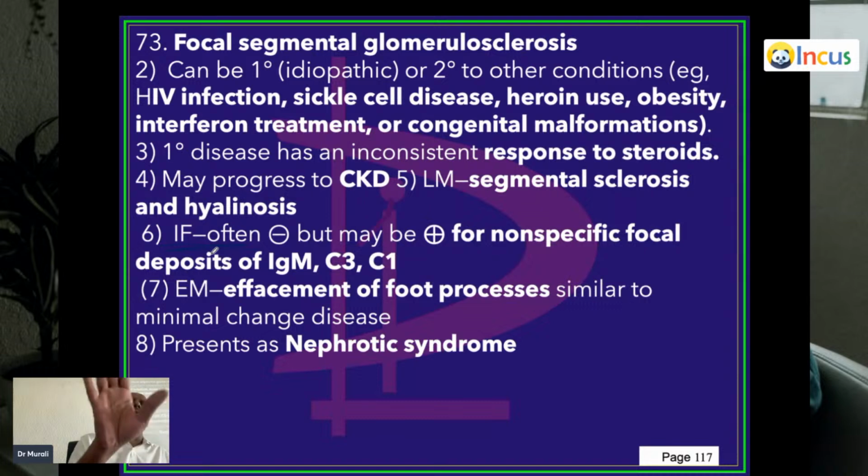You don't need to do renal biopsy if it is a simple diabetic nephropathy. But what is the very important principle? Between neuropathy, retinopathy and nephropathy, who will develop first? Retinopathy.